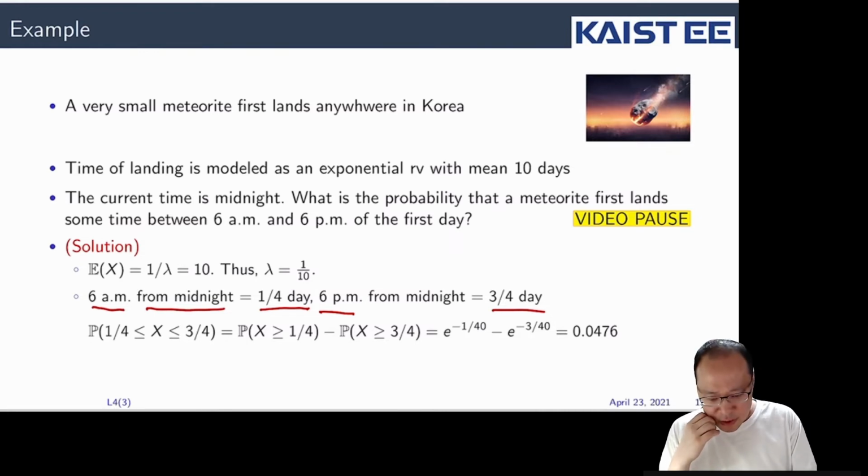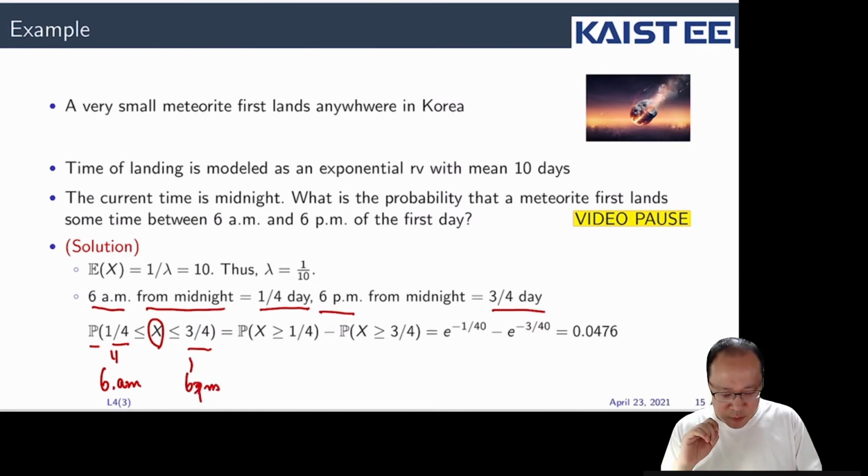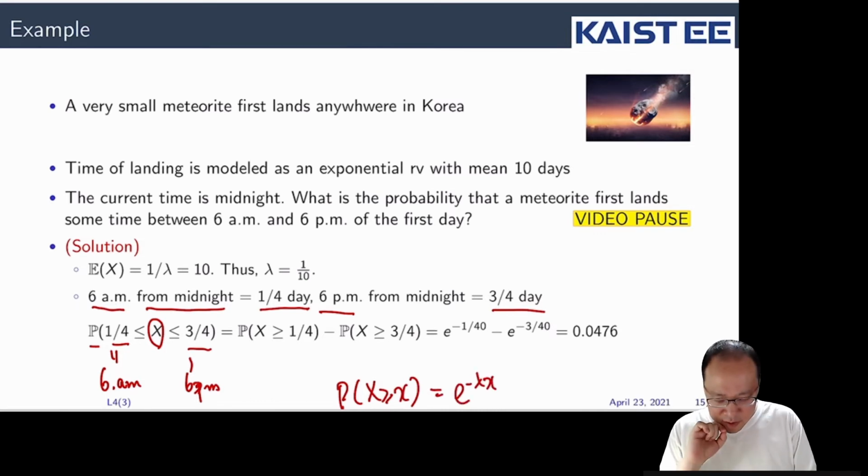So the question is the probability that the landing time is between 1 over 4 and 3 over 4. This is 6 a.m. and this is 6 p.m. Since we know the CCDF looks very simple, this probability is equal to the probability that X is larger than 1 over 4 minus the probability that X is larger than 3 over 4.